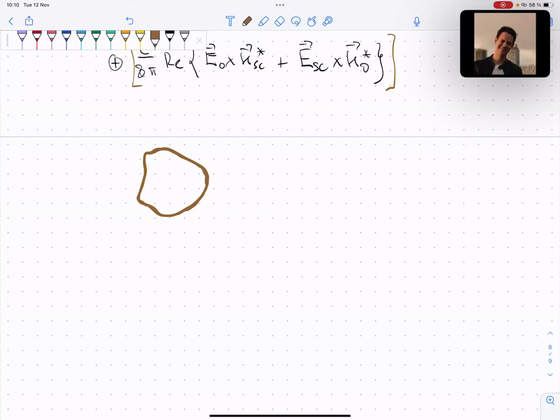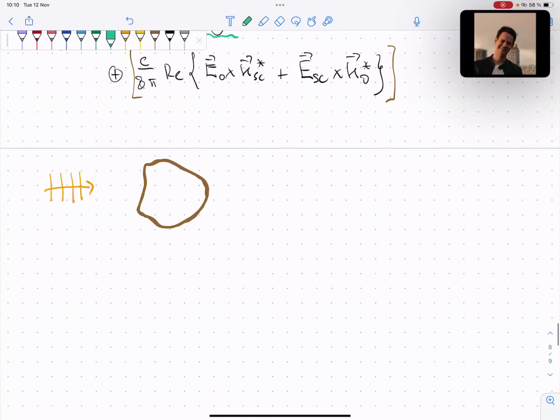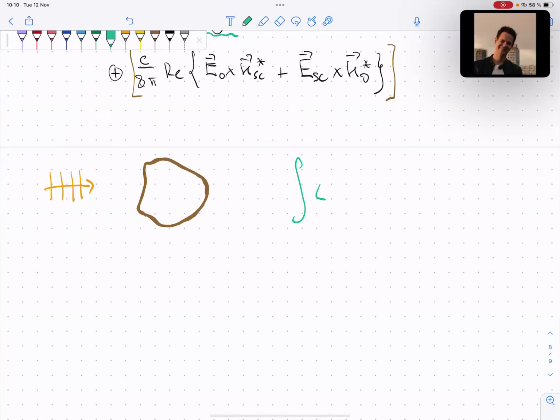To be honest, there are different ways to work with the Poynting theorem, so let me explain. Our incident field is just a plane wave. Let me write the Poynting theorem.